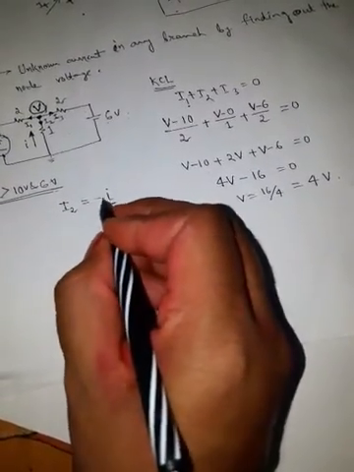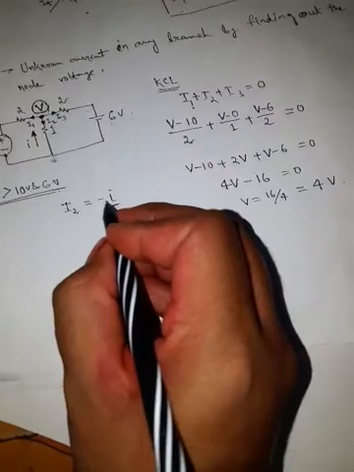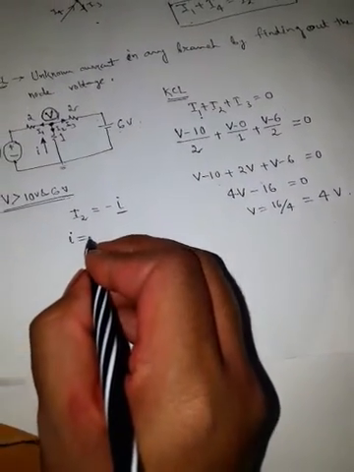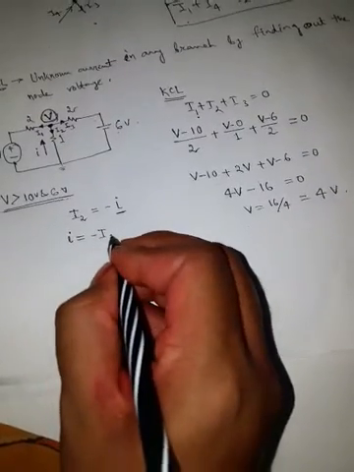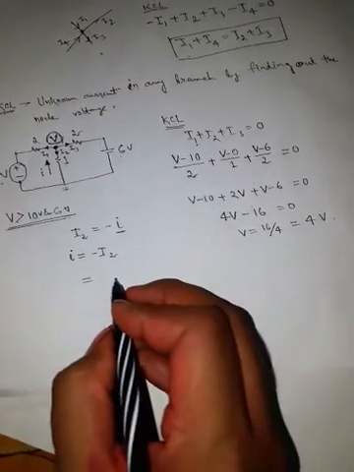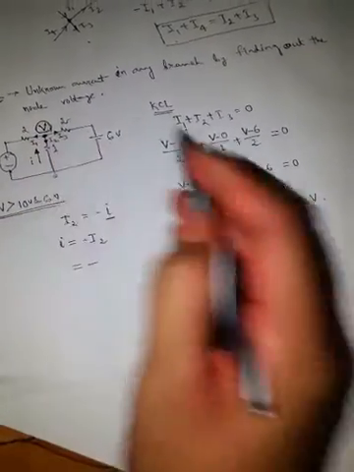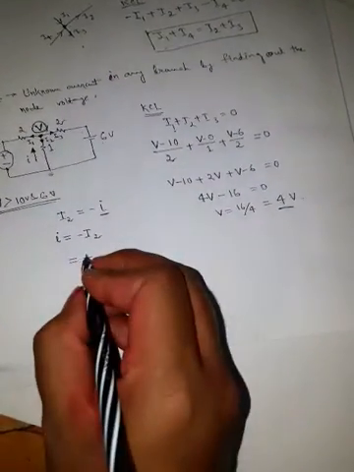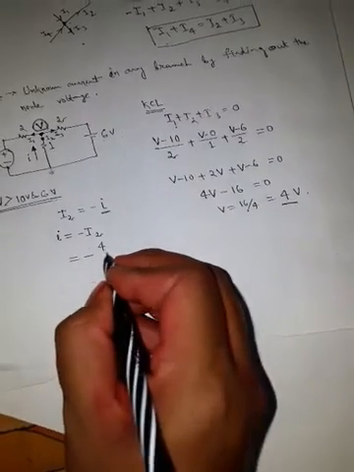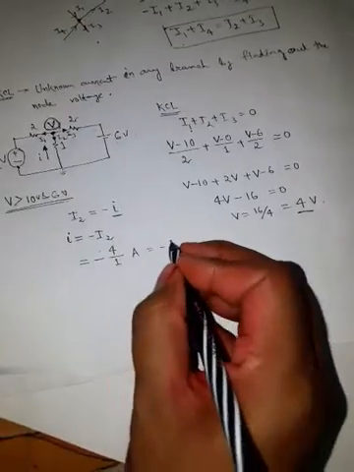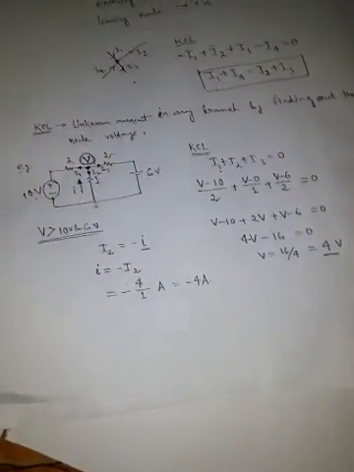So I take I as negative. Finally, I is equal to minus I2, and minus I2 is nothing but minus V, the node voltage is 4 volt, so minus 4 divided by 1, that is minus 4 ampere.